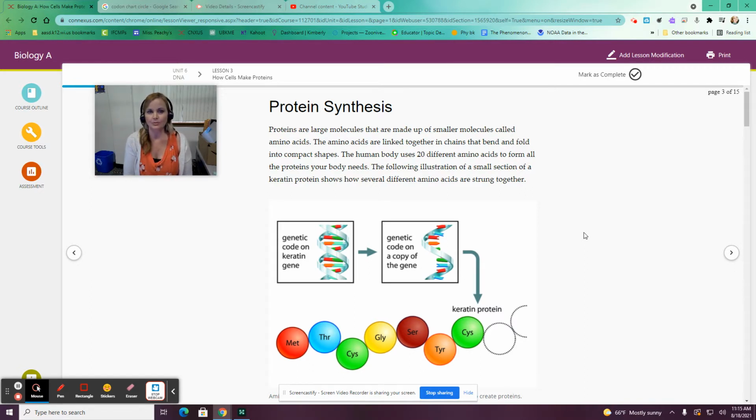This occurs when you take that DNA and it is read and it is transcribed first into messenger RNA and then translated into amino acids, which are linked together to make proteins. And protein is the end result of protein synthesis.